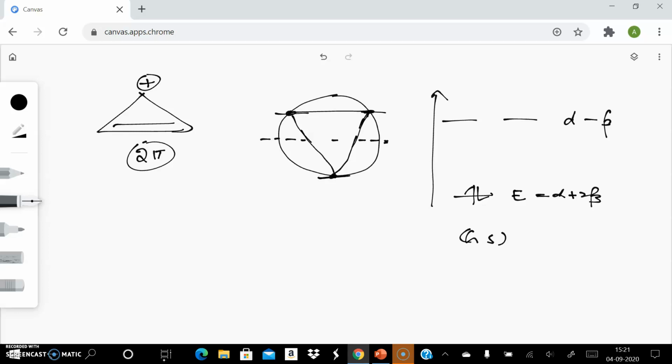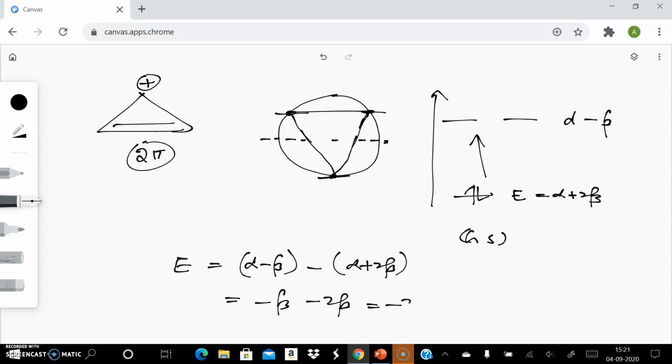Now if it undergoes single electron excitation, what is the energy required? The energy required for the single electron transition is the gap between the higher level and the lower level. The higher level energy is alpha minus beta, and the lower level energy is alpha plus 2 beta. If we subtract, alpha minus alpha gets cancelled. So this is minus beta minus 2 beta, we get minus 3 beta, or the magnitude of the value is 3 beta.